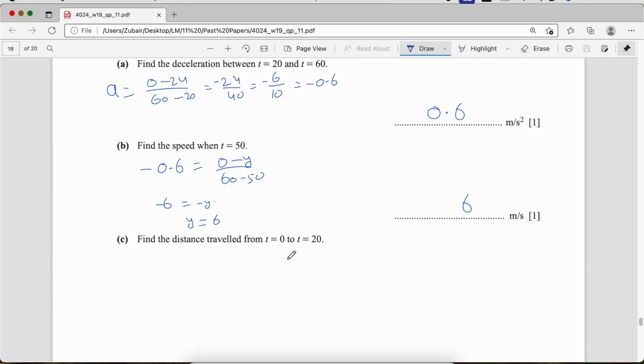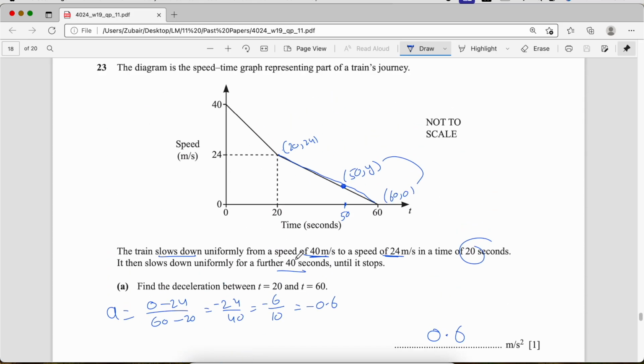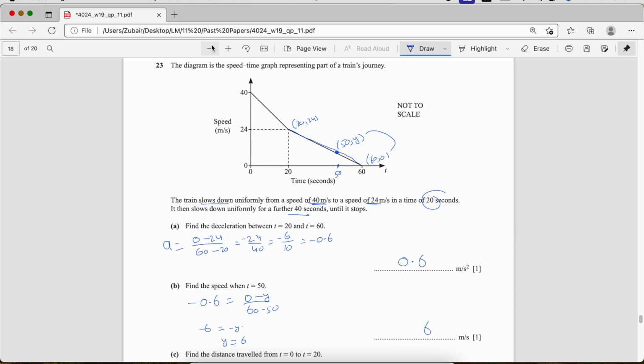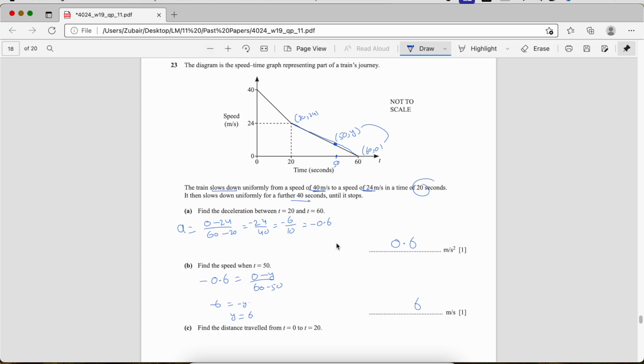Find the distance traveled from time 0 to 20. Speed time graph. The area of the speed time graph will give us the distance from 0 to 20. This is a trapezium. You may split it as you wish into rectangle and triangle. I'll do it with the trapezium. So trapezium is 1 by 2 sum of parallel sides. This is 40.